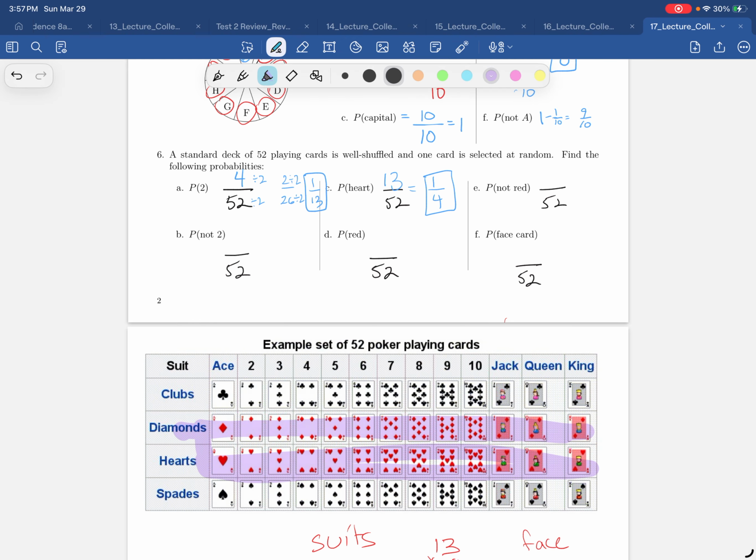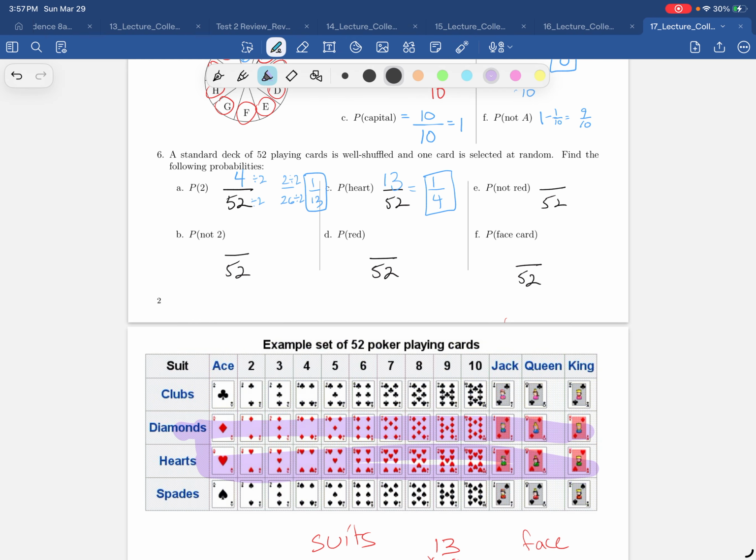Half of them are not red. Put that in your calculator, you'll get 0.5 or 1/2. Now, because they have an equal number in each suit, yes, you could actually just go through and say, I know hearts and diamonds are red, spades and clubs aren't. That's 2 out of 4, which is also a half.